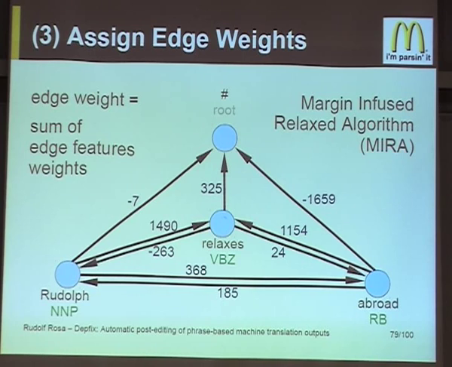There is a large set of features. For example, the feature can be that the possible dependent is a noun and the possible parent is a verb. And because this is quite a good property for an edge, it gets some positive score.